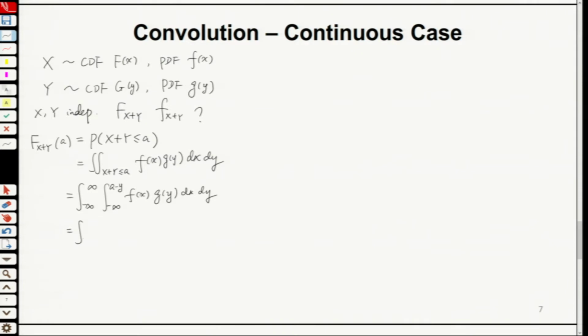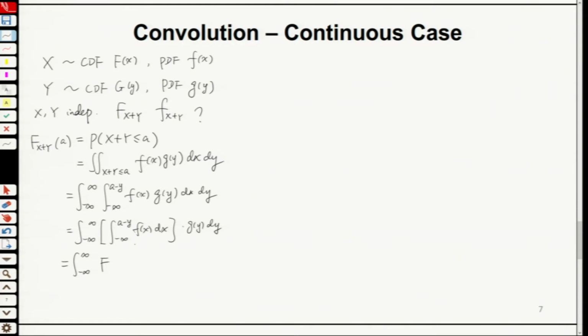So this would become minus infinity to infinity, minus infinity to a minus y. Let's take x out, f(x) dx, then times g(y) dy. You see this inner one goes from minus infinity to a minus y.